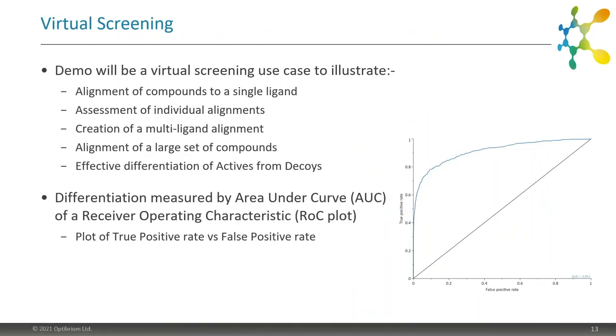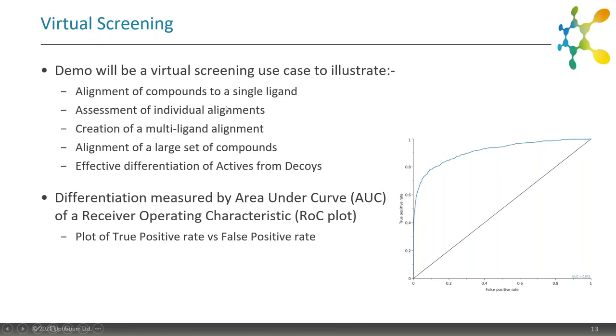So the demonstration today is going to be a virtual screening exercise. What I hope to do is work through those steps of aligning compounds to a single ligand. This could just be a simple case where you want to align two molecules. You've got a bioactive conformation that you know about. How does another molecule work? So we can go through the alignments.